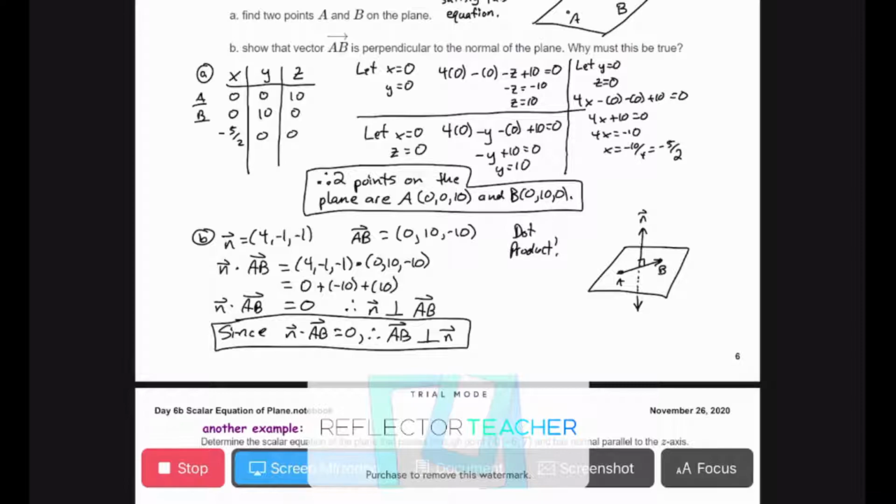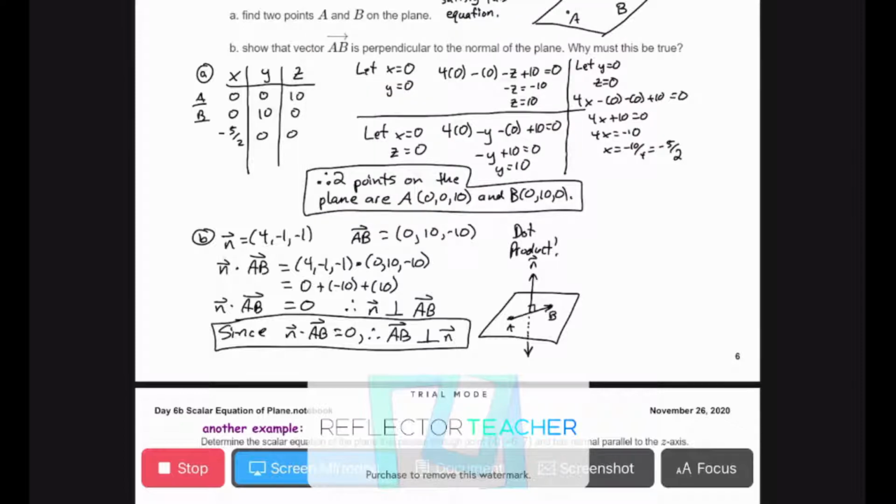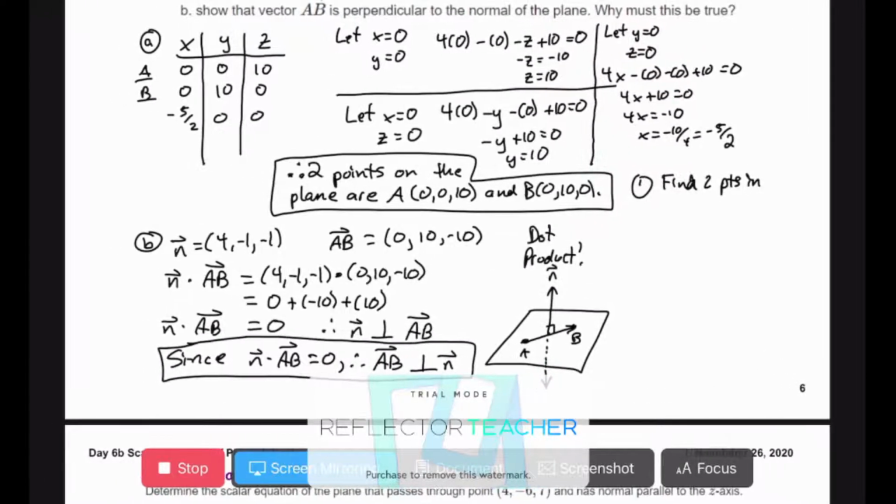Let's describe our process. What were our steps here? Step 1: we found 2 points in the plane, and we did that by setting 2 components to 0, x and y, x and z, or y and z, and solving for the remaining value, just like when we find x and y intercepts.